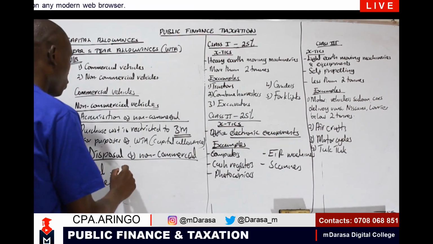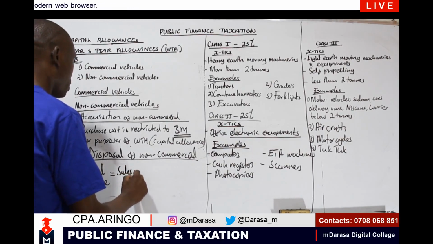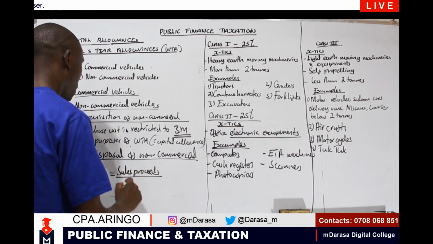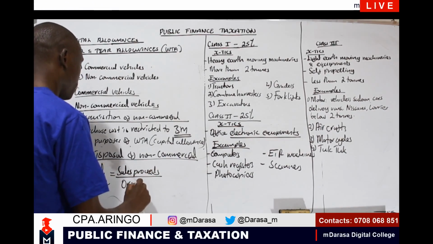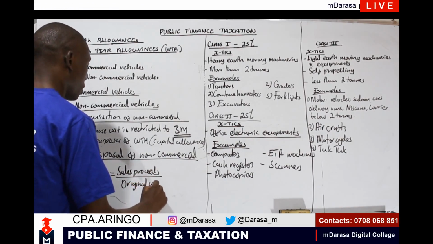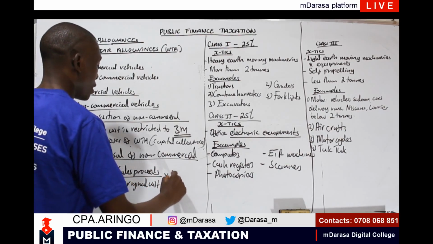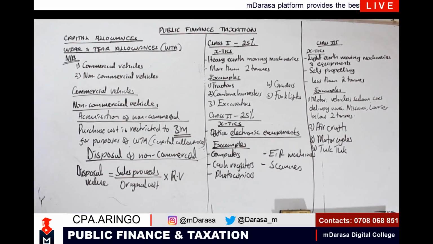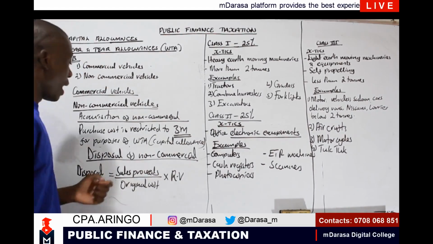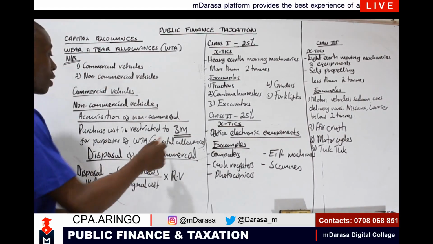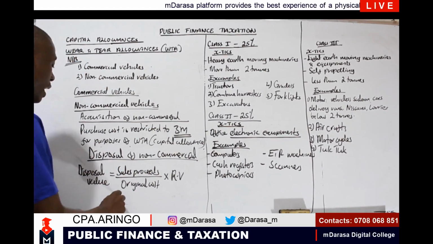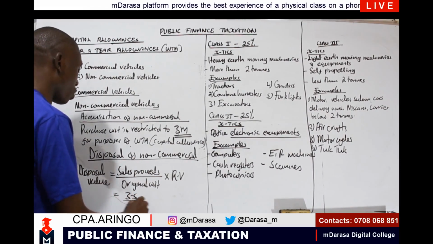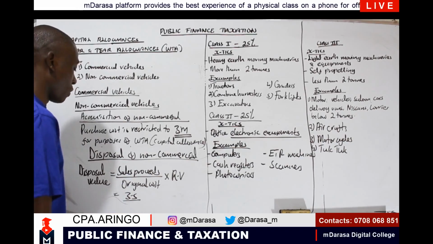To determine the disposal value, we take the sales proceeds, divide by the original cost, and multiply by the restricted value. Assuming I had purchased this vehicle at 5 million and I'm disposing it at 3.5 million, so I'll have 3.5 million as the sales proceeds.